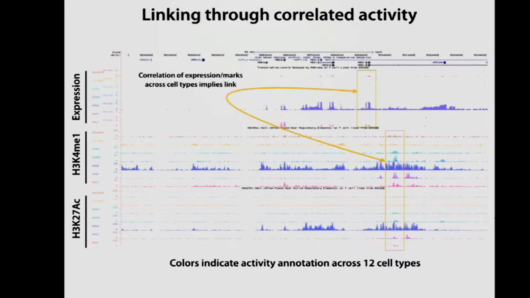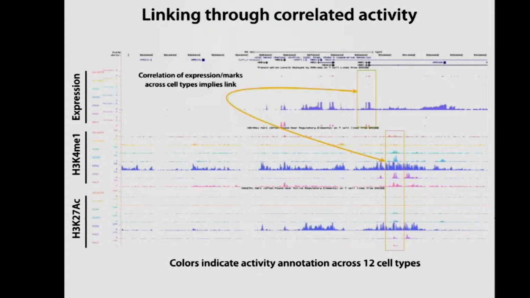We can link things through correlated activity. This is basically saying, if I have enough cell types, and you need a decent number of cell types to have any statistical power here, but this is something like 8 ENCODE cell types, and we've got expression at the top, and then we've got K4 monomethylation and K27 acetylation.